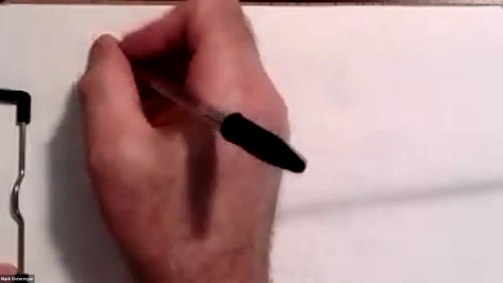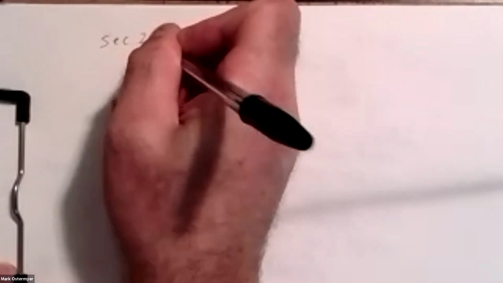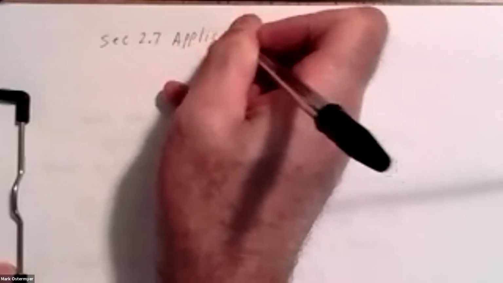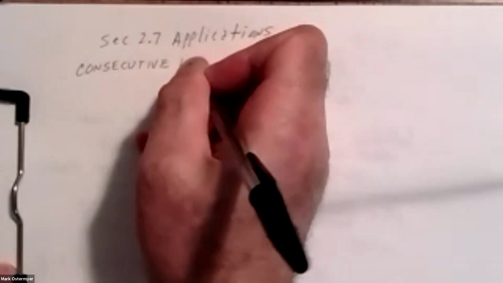Okay, so section 2.7, application problems. All right, let's look at consecutive integers.